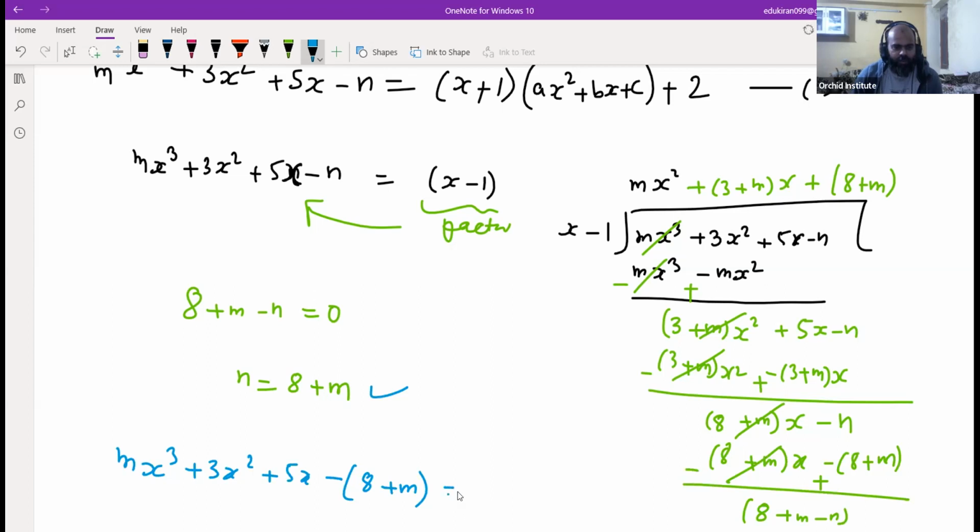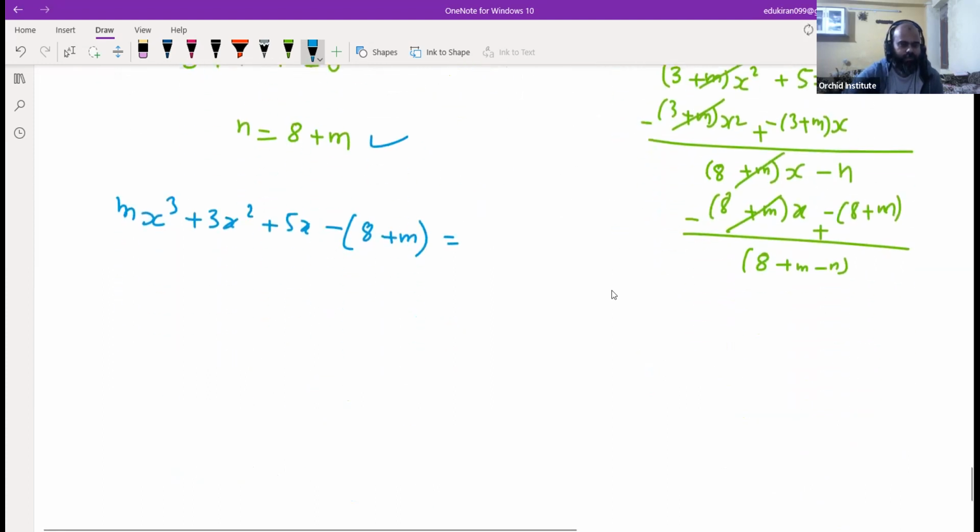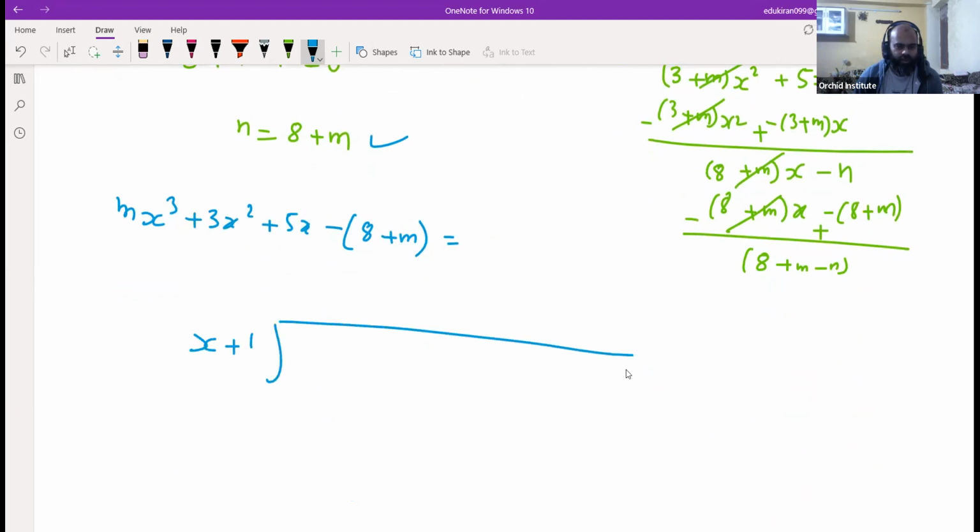So this will be equal to, now when divided by x plus 1 gives a remainder 2. So again, we can do the same thing. We can divide this one by x plus 1. So mx cube plus 3x square plus 5x minus 8 plus m, which is a constant.